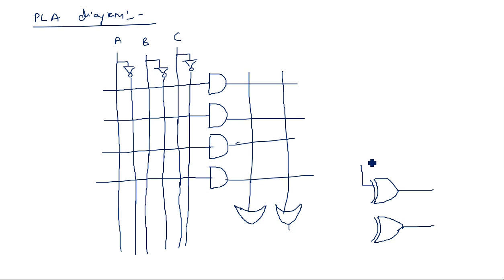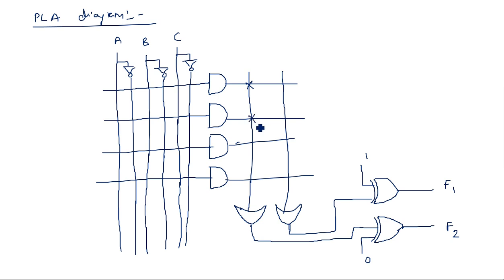So for true form we are taking 0, and for complement form we are taking 1. F1 is complement form, so this is F1, and this is 0 for F2 because F2 is true form. So what is F2 here?